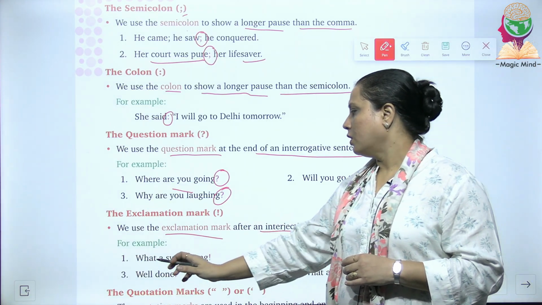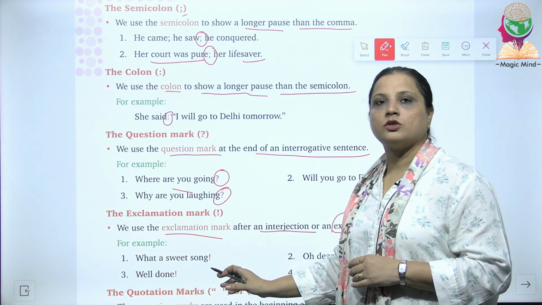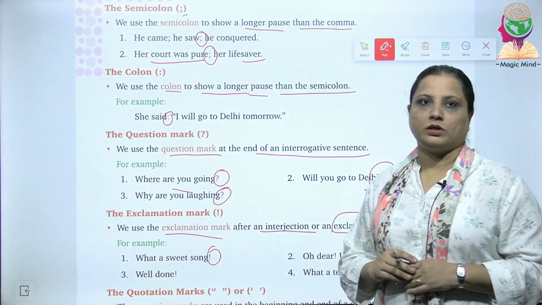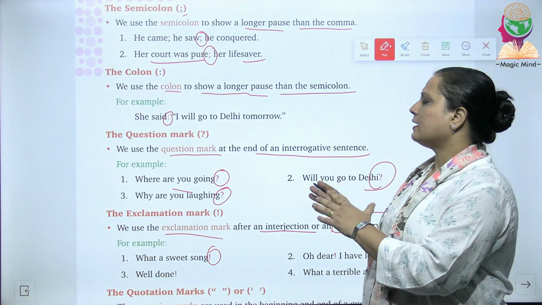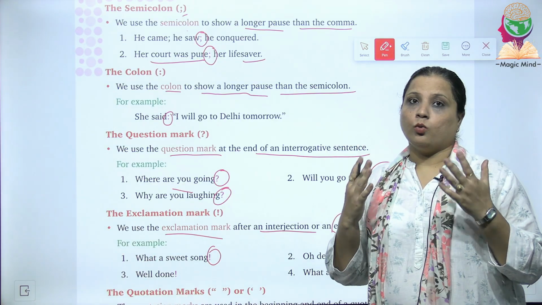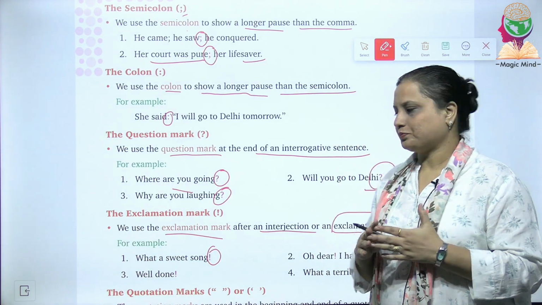For example, what a sweet song, and hence an exclamation mark has been put over here so that it lays emphasis on our feelings that we are expressing: what a sweet song!